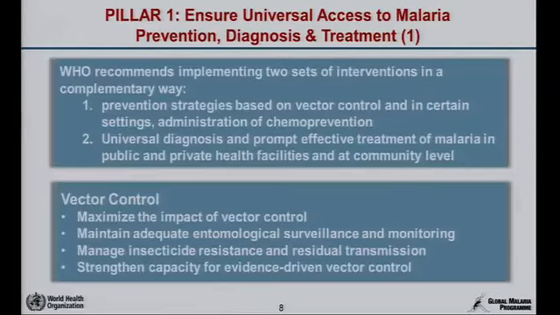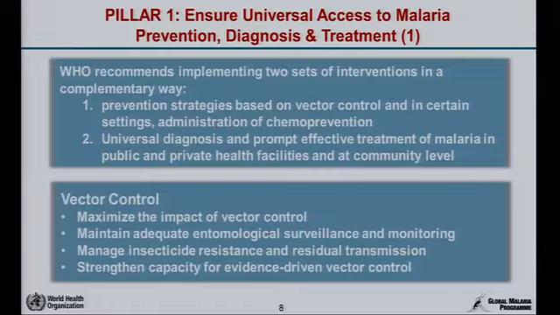Pillar one, as I said, really talks about scaling up our core malaria interventions, from the prevention strategies based on vector control, and in certain areas, where appropriate and adequately recommended, the different forms of chemoprevention that are currently recommended.